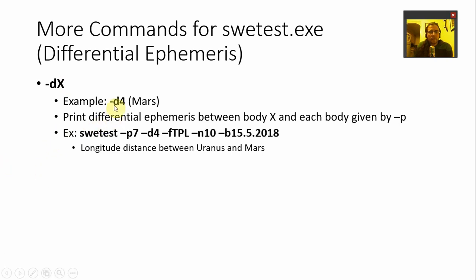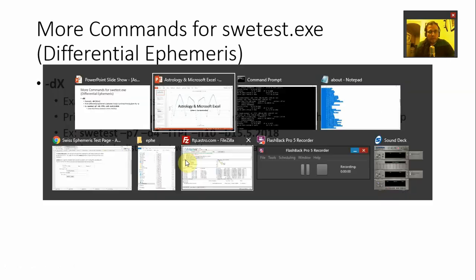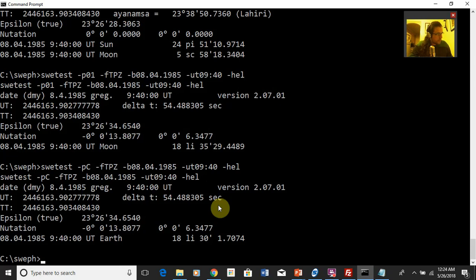So in this case, if we wanted to look at the longitude distance between Uranus and Mars, and we'll look at it around the time of Uranus's ingress into Taurus again, we'll do this. We'll type in that information. So do P7 for Uranus, and then we're going to look at the angular distance of Mars between that, FTPL.